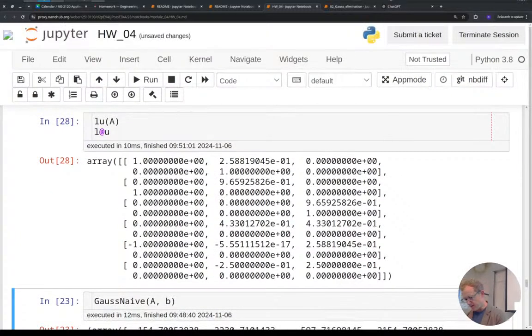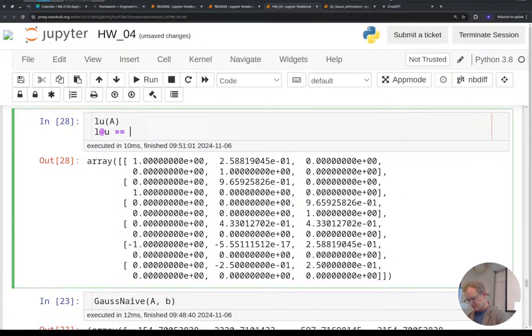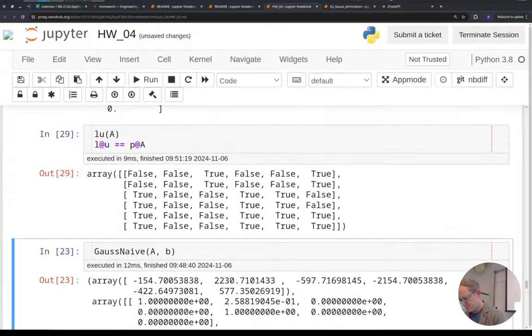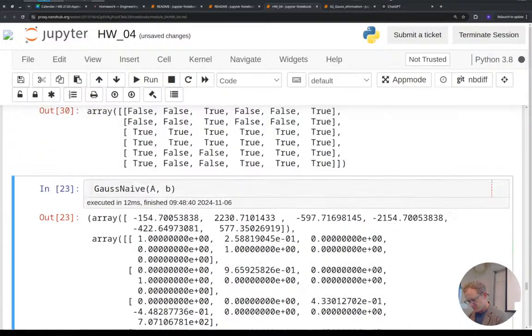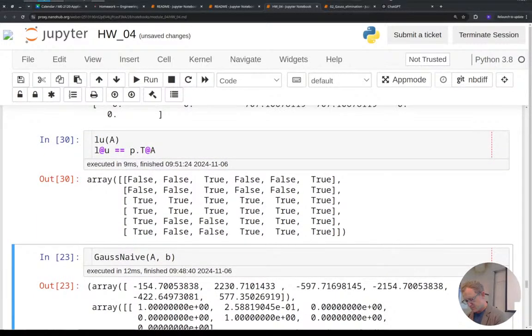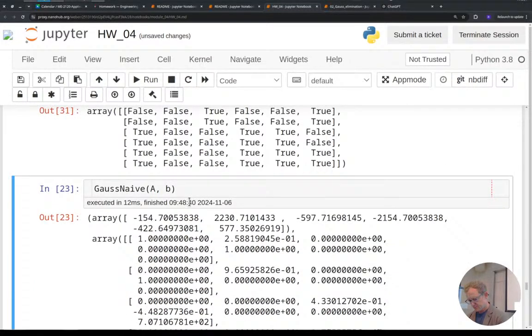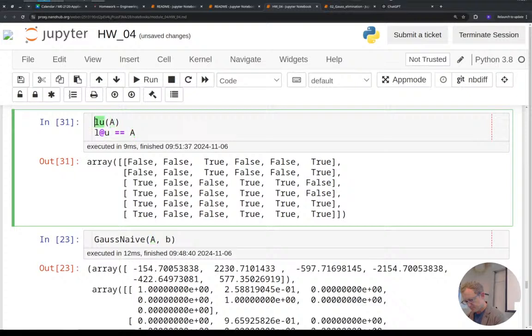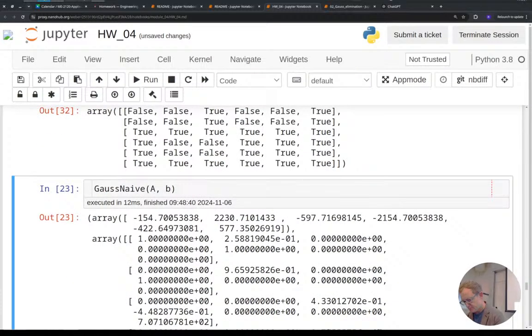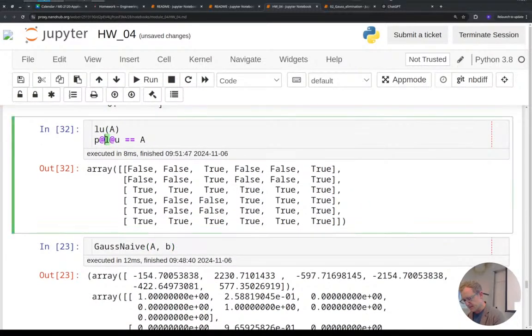And if you just look at L at U, kind of hard to tell what it is, but it's the pivoted A matrix. Yes, I have to use is close.